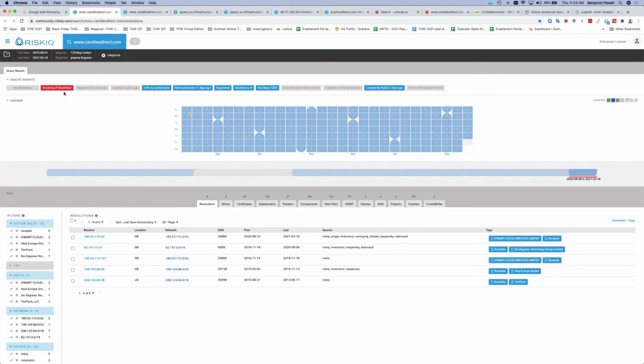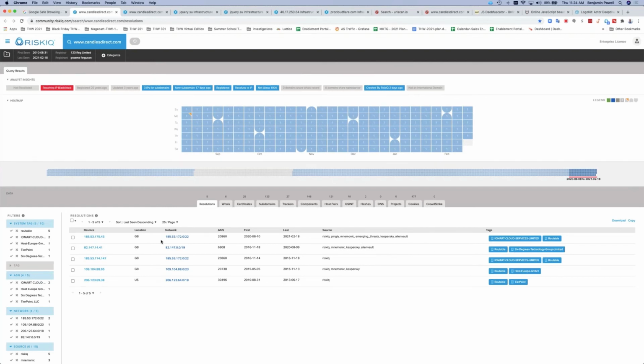Means that it was blacklisted and it got off blacklist and maybe went back on, but in the past it was blacklisted. There's 3 IP addresses, there's new subdomains 17 days ago. It's registered, it resolves, it's not an Alexa 100,000, and it was just crawled 2 days ago, okay?